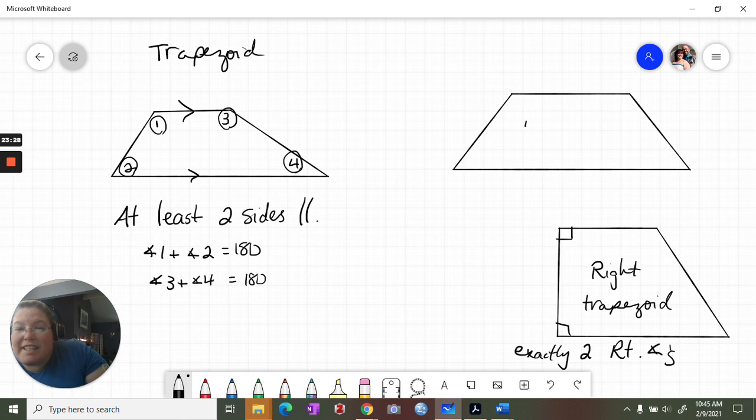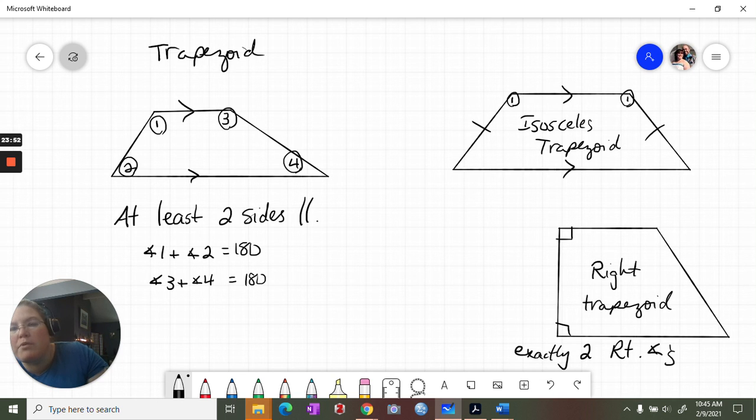For an isosceles trapezoid, again, you have that at least one set of opposite sides parallel, and you have a set of congruent legs. So here, angle 1 and angle 3 are actually the same.